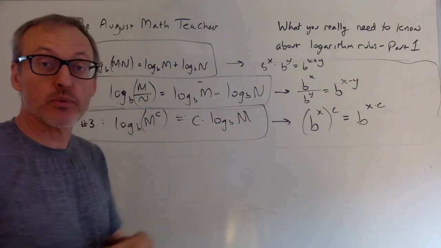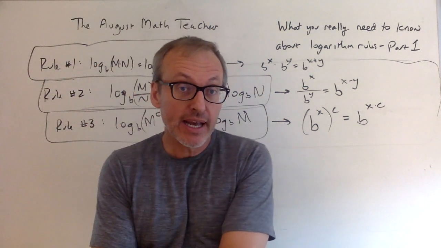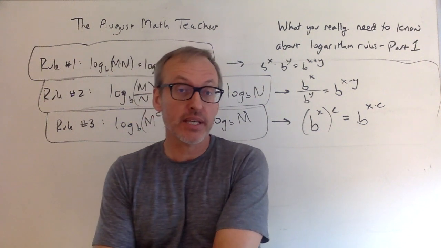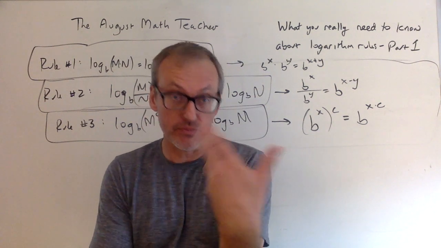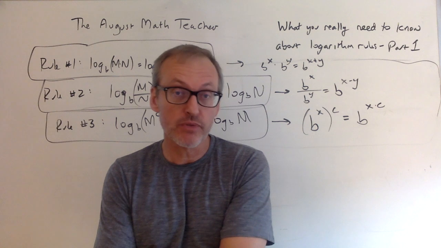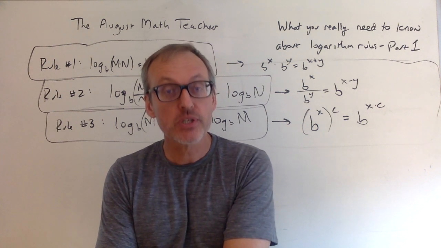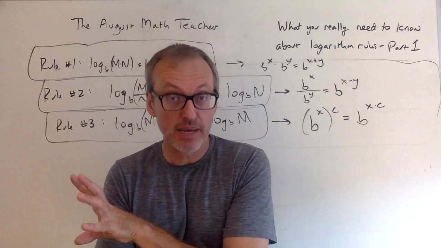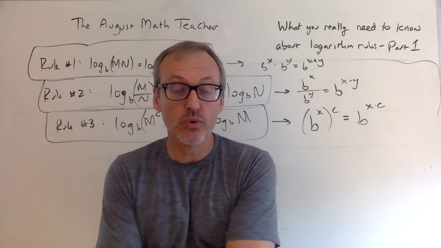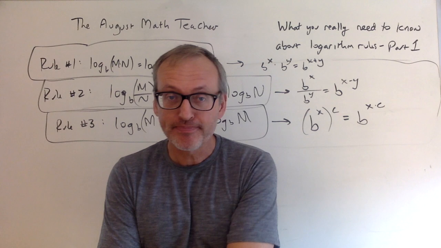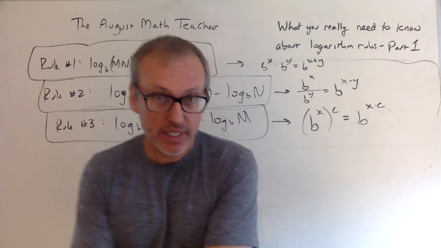I'm not going to go through the formal proofs of those right now, and I don't think it's honestly in the best interests of most of the students who are watching this video to look at those proofs. Instead, I want you to see where they're coming from and understand conceptually that they really are these old rules, but they aren't exactly the same.